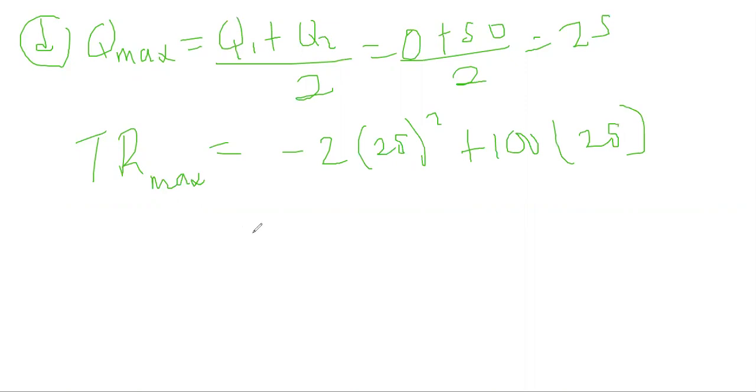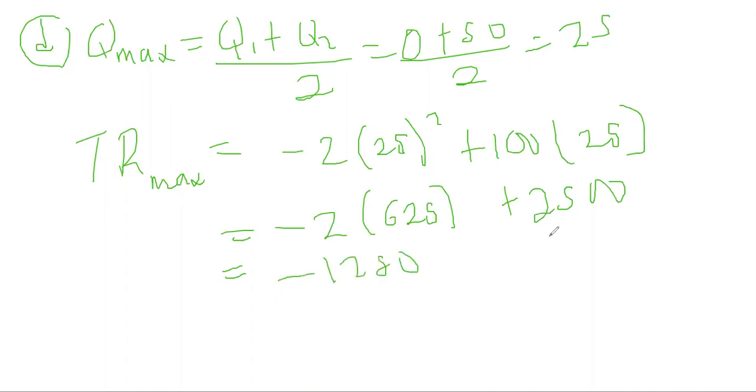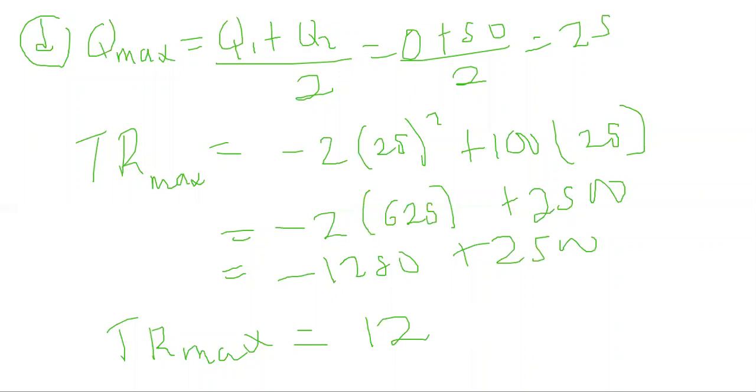So at the end of the day, this times this will be minus 1,250, plus 2,500. So our maximum total revenue, or total revenue max, will be what? 1,250. So you go back to your graph and write that here, 1,250.